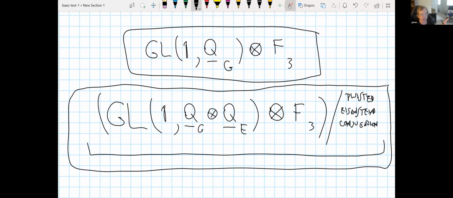The glitch is this: look at this field, but look at the ring of algebraic integers inside it.